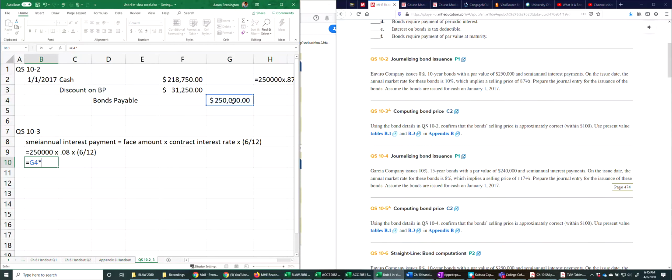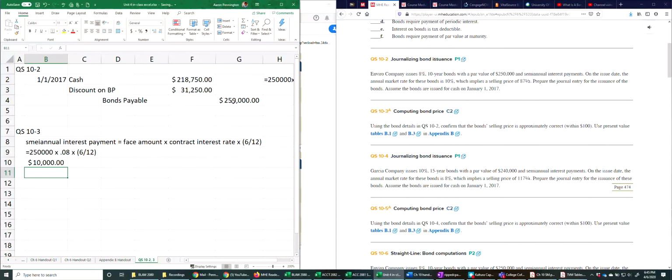$250. So our semi-annual interest payment, $10,000. So when you buy this bond, and I'm going to set up a table here to help us because we're going to use the present value tables to price the bonds. And we're going to spend a lot of time doing this. This is something that we need to be aware of. So cash flow.